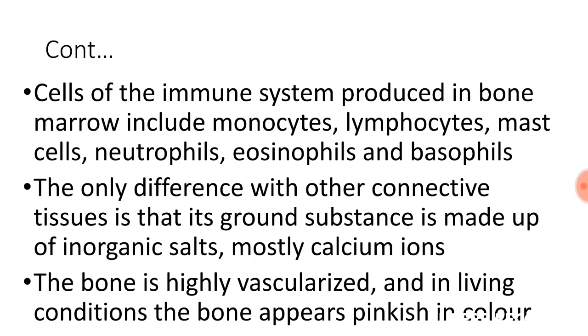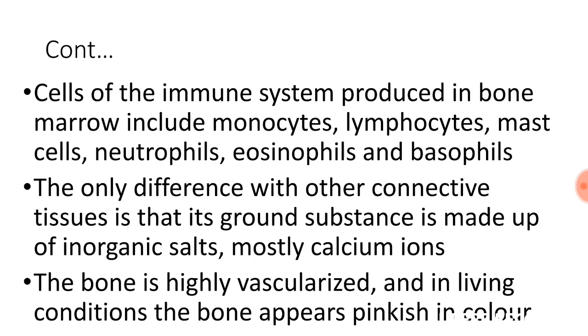Tuliangalia kwenye epithelial tissues, tukasema kuna very small amount of these ground substances known as matrix, lakini kwenye connective tissues we have a lot of them. But here the difference from other connective tissues, the ground substances in bones are made up of inorganic salt and mostly calcium ions.